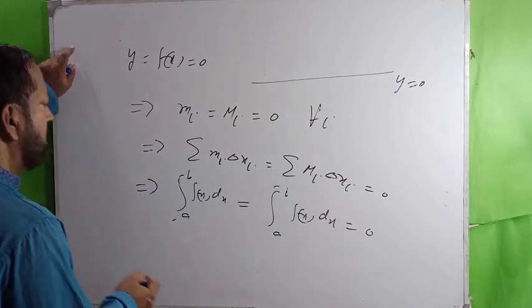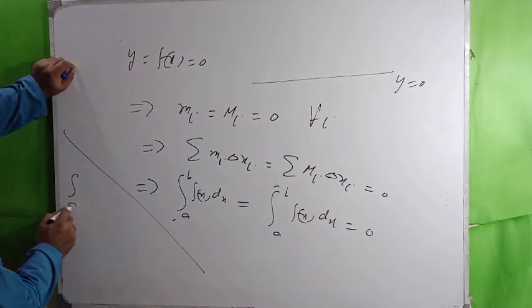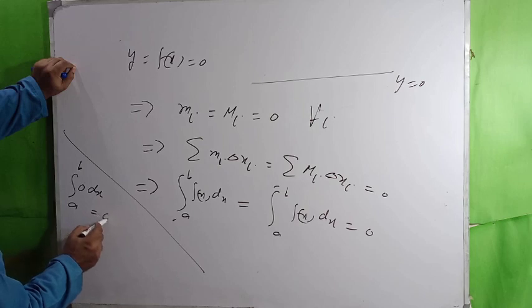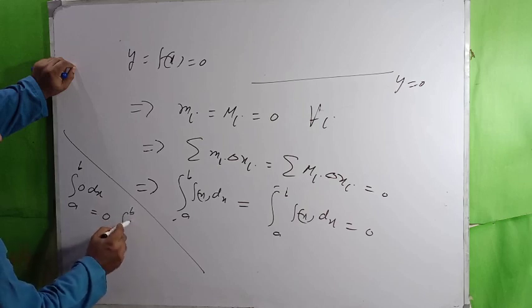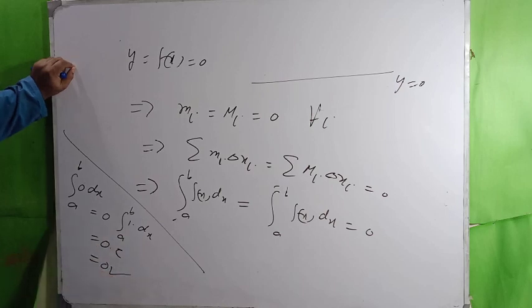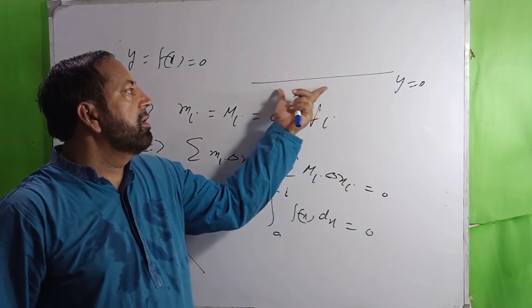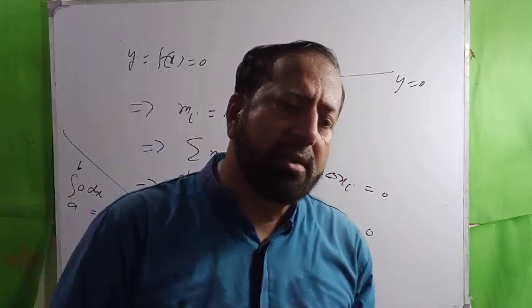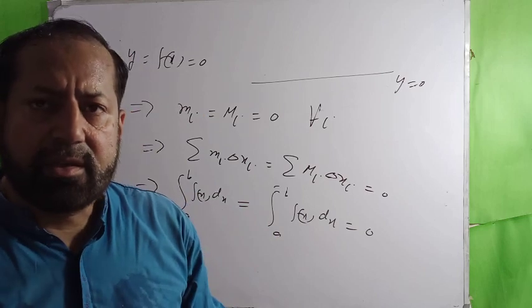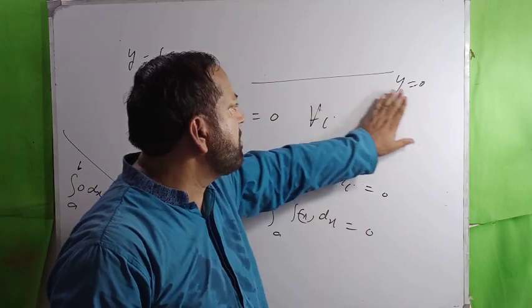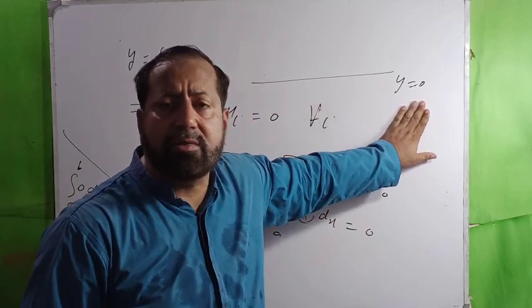That is why if you integrate directly from a to b of 0 dx, this is equal to 0 times the integral from a to b of 1 dx, which is 0 times c, which is equal to 0. So we can verify that if you integrate the function f(x) equal to 0, the line of the x-axis, you get 0.